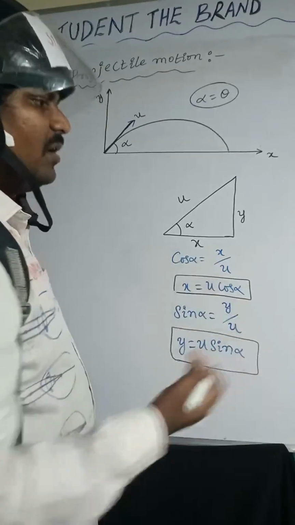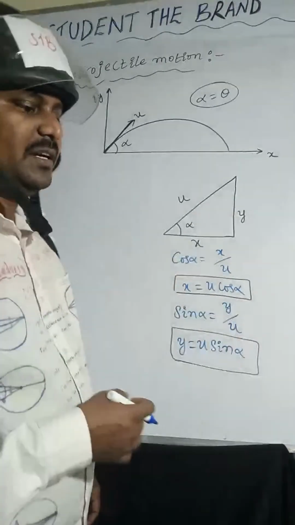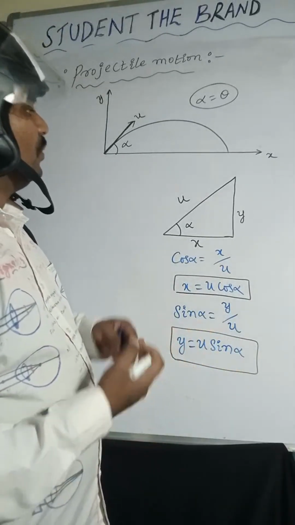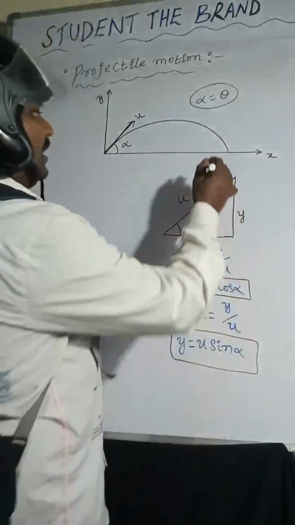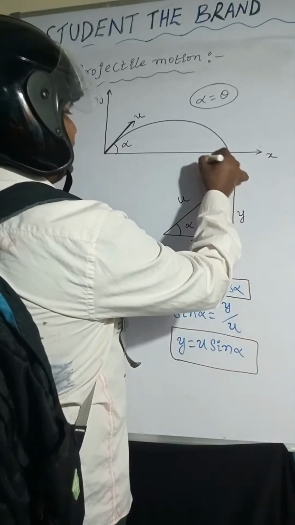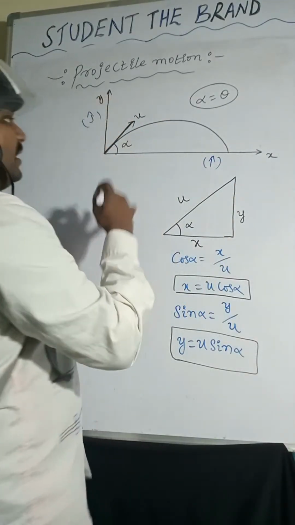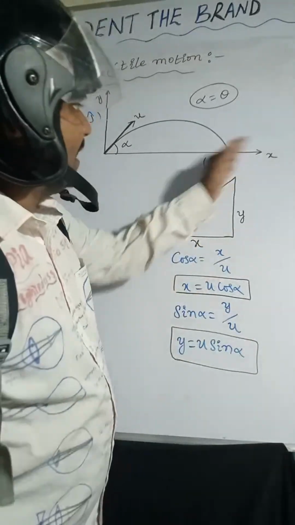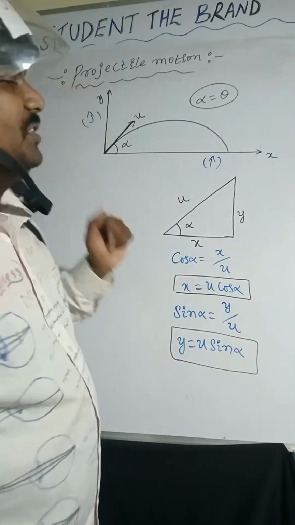Here we know the orthogonal vectors along the x-axis, y-axis and z-axis. If you are considering unit vectors, listen carefully, very important: along the x-axis the unit vector is i cap, along the y-axis the unit vector is j cap.